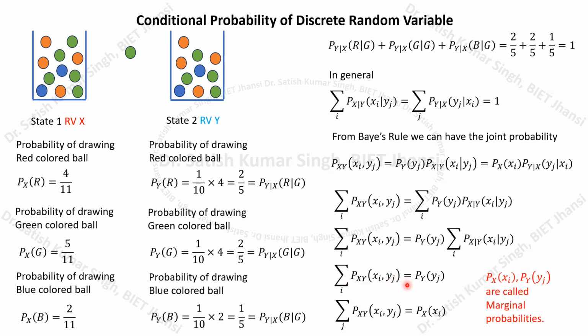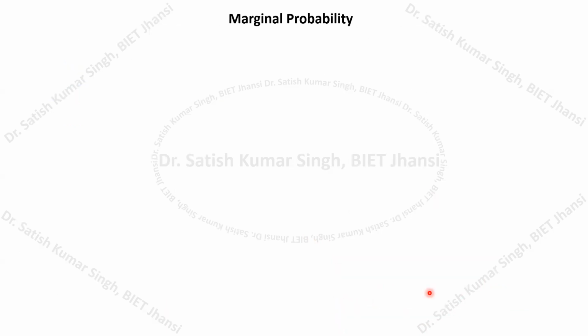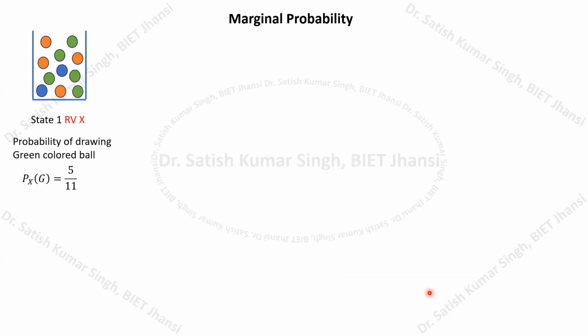Here I will explain with a very simple example what is the meaning of this particular expression. So try to understand. I will be taking up the second example. Suppose this is our first case, and in this state one, what we are trying to do is draw the first ball as a green ball.